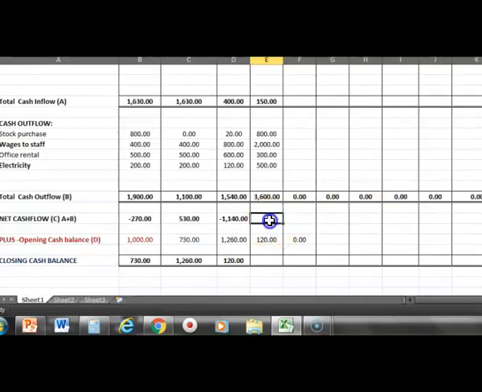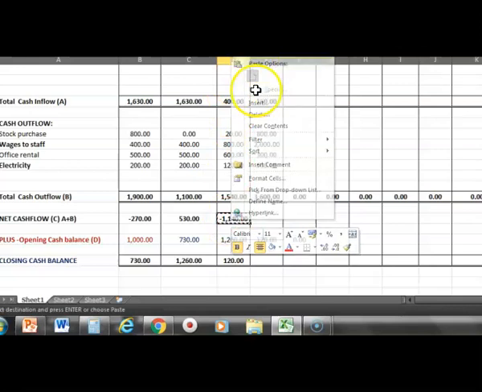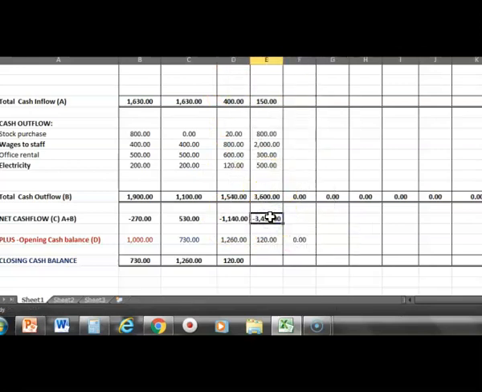And then for the net cash flow, that is A minus B, which is 150 minus this. So they're making a loss there as well. Let's calculate what the closing balance is going to be.